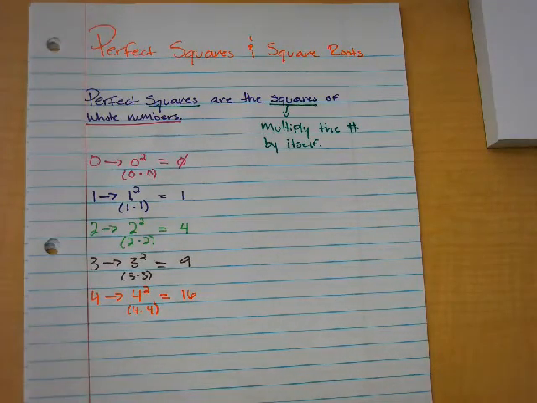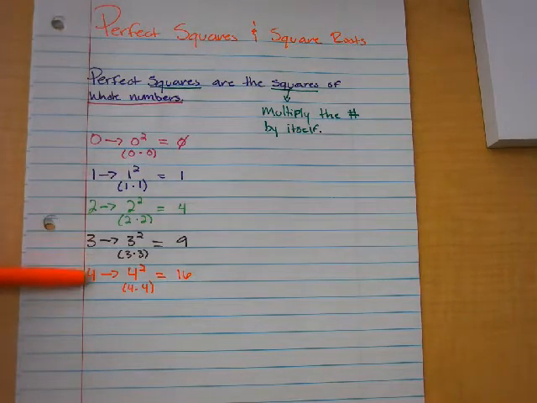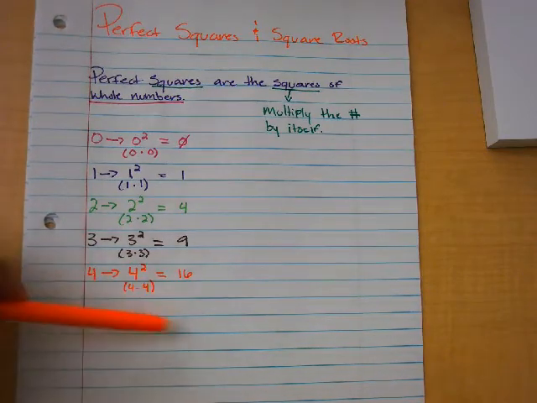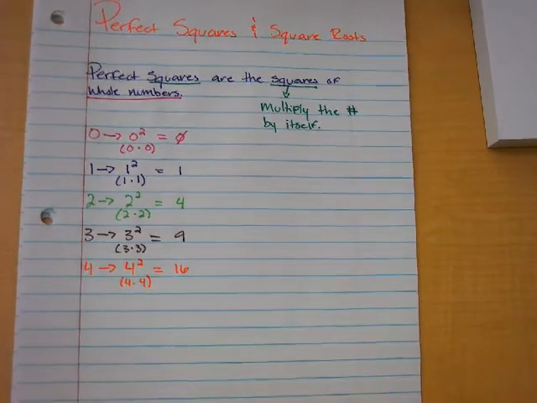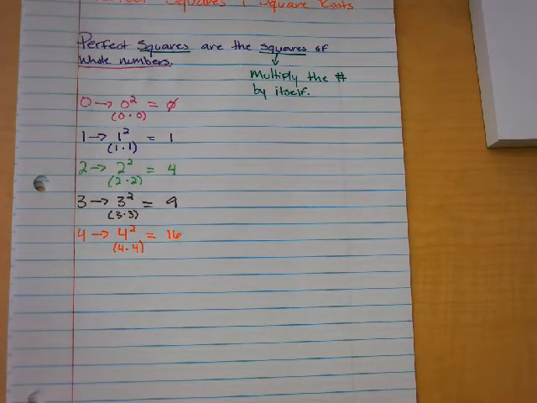What you guys are going to do is do this all the way until you get to 15. So 4 squared, 16, 5 squared, 6 squared, 7 squared, 8 squared, all the way until you get to 15 squared. And so we'll have the perfect squares all the way to 15.